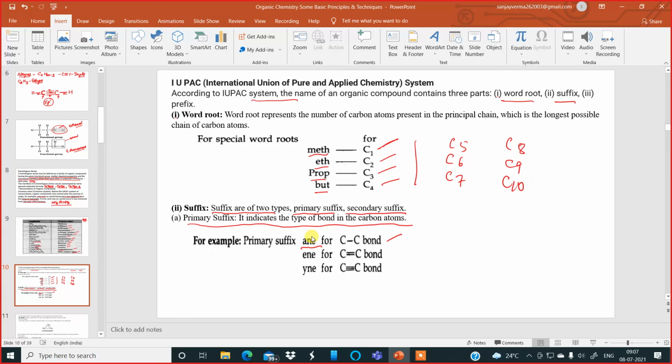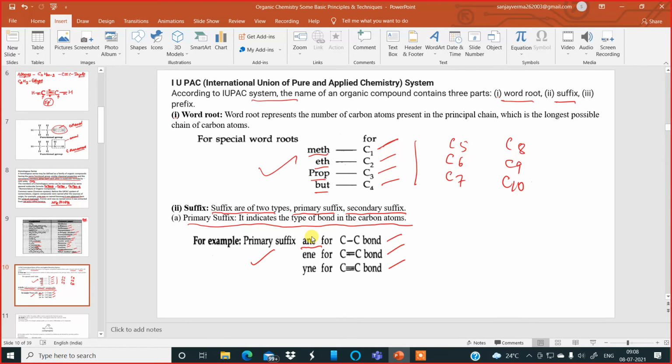If the organic compound has a carbon-carbon double bond, then the primary suffix becomes ene: ethene, propene, butene, and so on. If it has a carbon-carbon triple bond, then the primary suffix is yne, Y-N-E: ethyne, propyne, butyne, and so on. So I have explained the word root and the first suffix, that is the primary suffix.